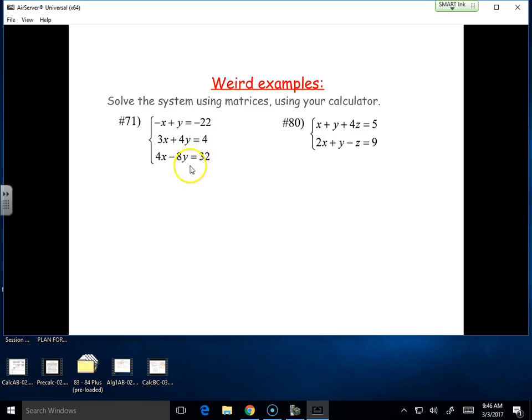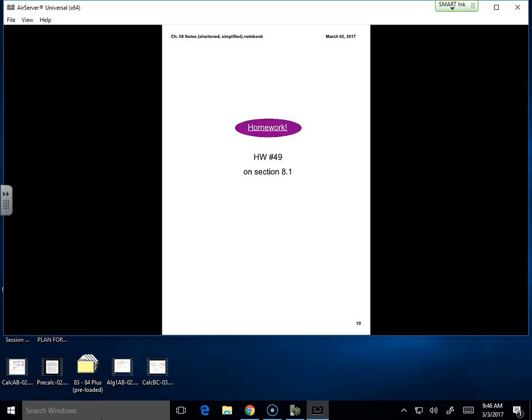So what are you going to add into the last column? 0, 0, 0. What are we going to do on this one? It's not going to like it unless we do 0, 0, 0, 0. When you get to these types in homework, I want you to do that. Finish the square matrix: a column of zeros here to make it nice, and a row of zeros here to make it nice. And let's see what our calculator tells us. We'll talk about those weird types tomorrow.